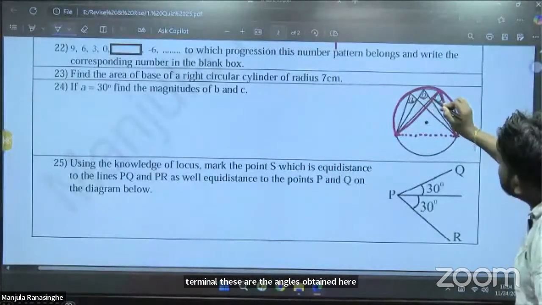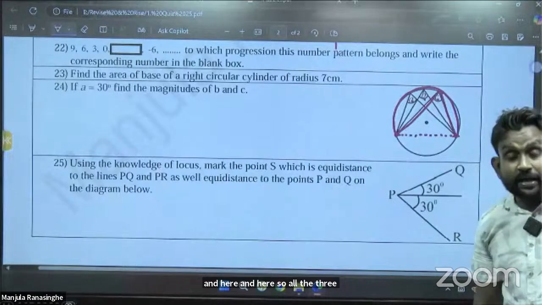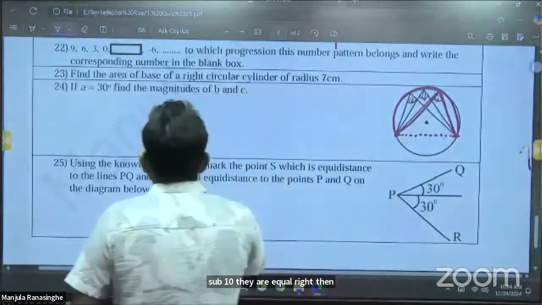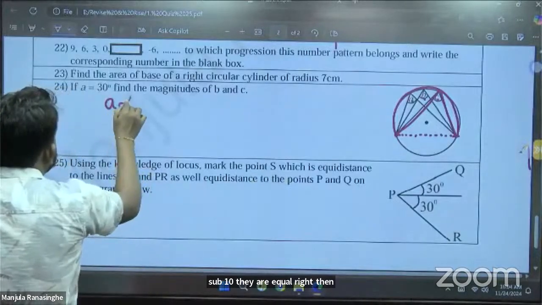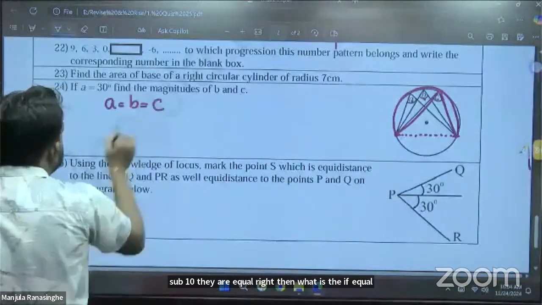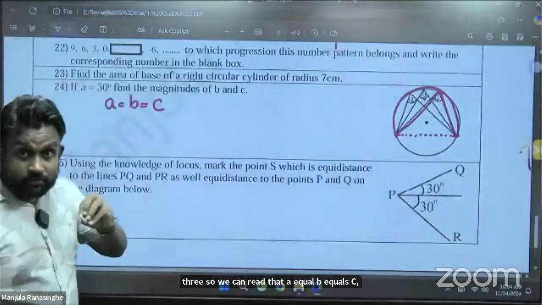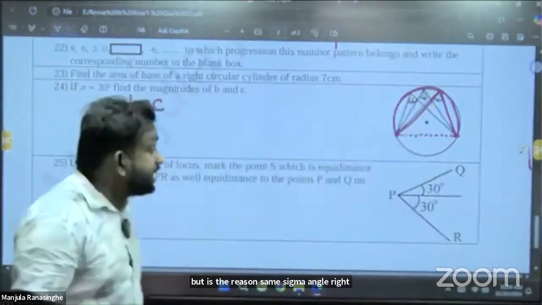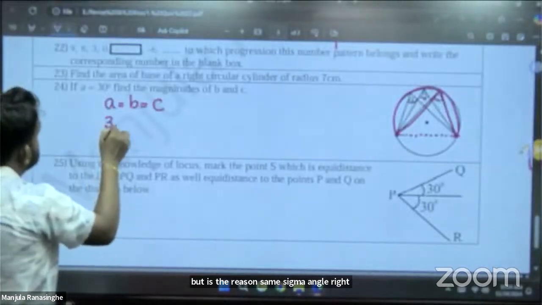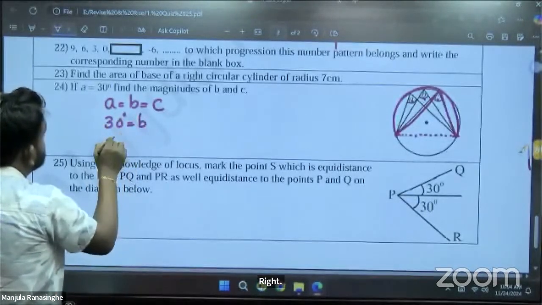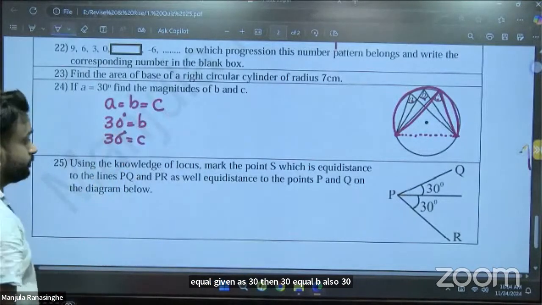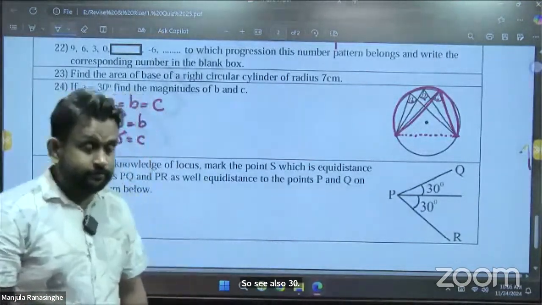So all the 3 angles obtained there are equal, right? So we can write A equal B equal C, all are equal. What is the reason? Same segment angle. So A is given as 30, then 30 equal B, B also 30. So C also 30. So that's the argument. Okay, fine.